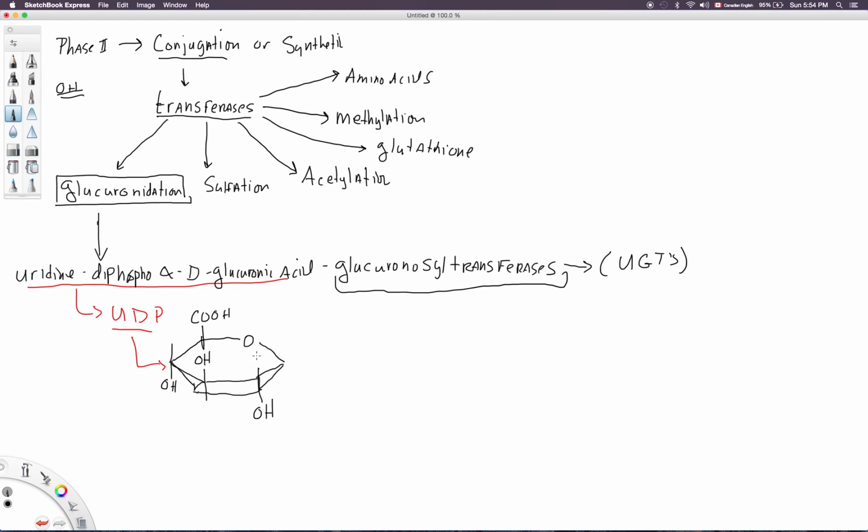This is what gets transferred to the xenobiotic or the xenobiotic metabolite, because in many cases, the metabolites that come out of phase 1 reactions are more reactive and are able to enter phase 2 catalyzed pathways. However, that's not always the case. But be that as it may, this is the actual molecule that's being transferred.